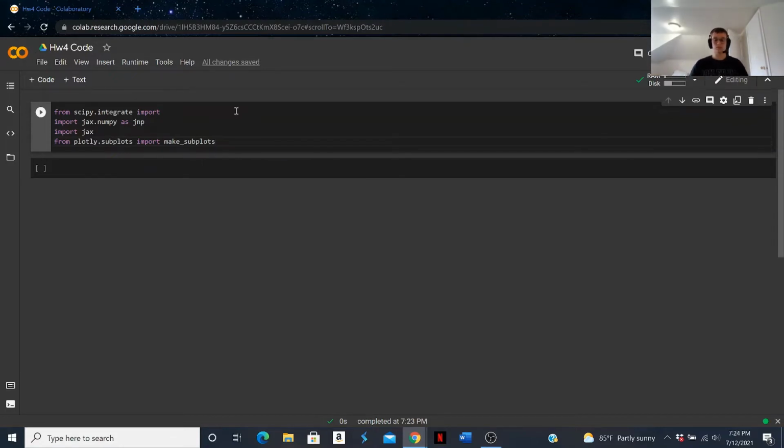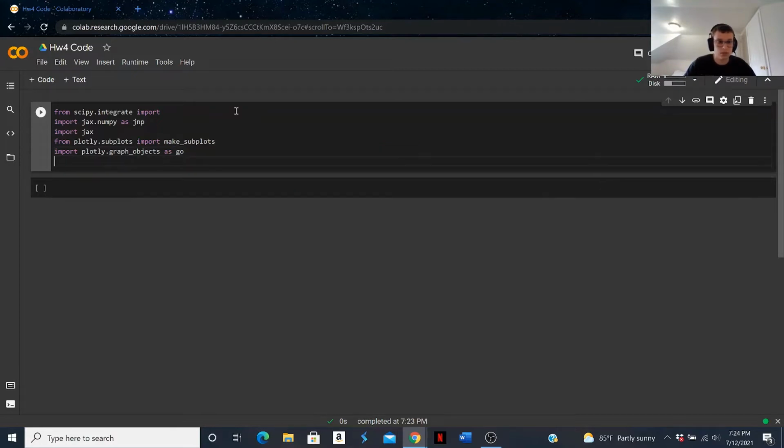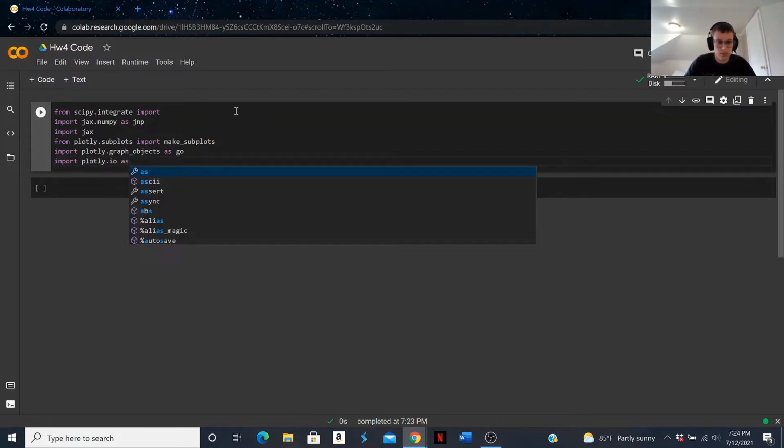This will allow us to get subplots, and then we need to import some graph objects. There it is, makes it easy. As GO, or graph objects, just to shorten it. And then we need plotly IO as PO.